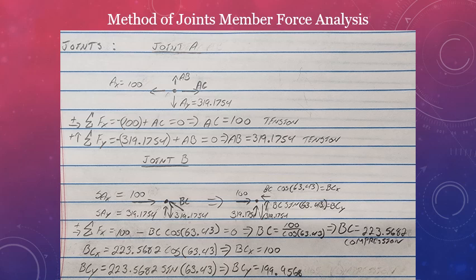So the sum of the forces in the x direction equals 100 from the AX minus BC cosine of 63.43. I found that BC is experiencing 223.6 newtons of compression on joint B. So there we go.